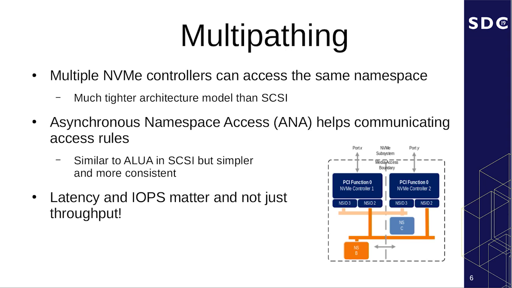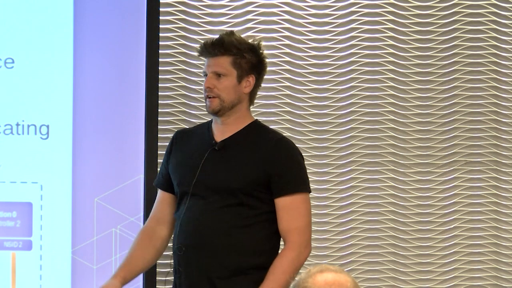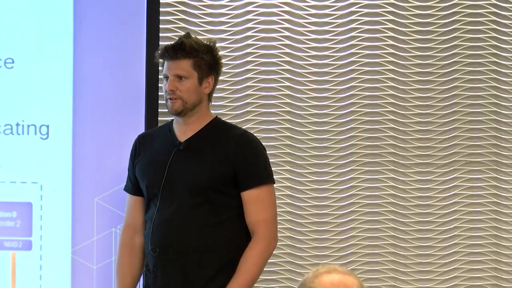We can actually check the subsystem NQN identifier to make sure it really is the same thing. And when doing the ANA protocol later, we even further tighten up some of these requirements. So the host can actually be relatively safe, or actually is safe, finding two controllers that have the same namespace, that it really is the same one and not different ones, which used to be a problem in SCSI in earlier days.